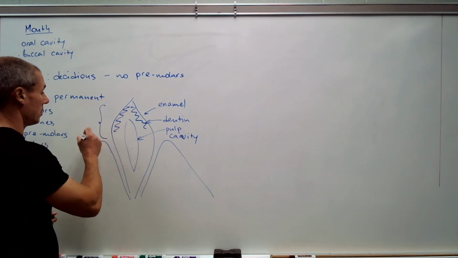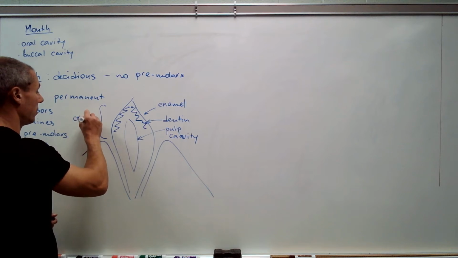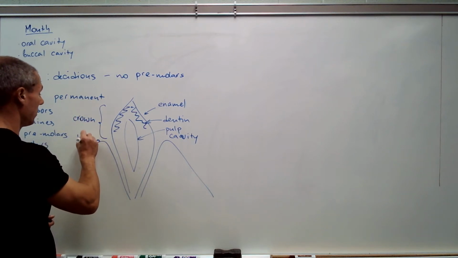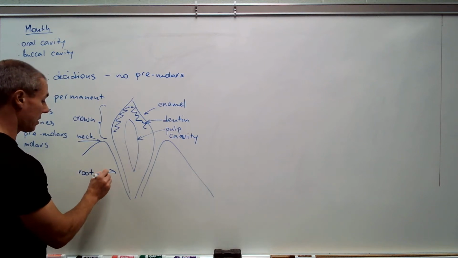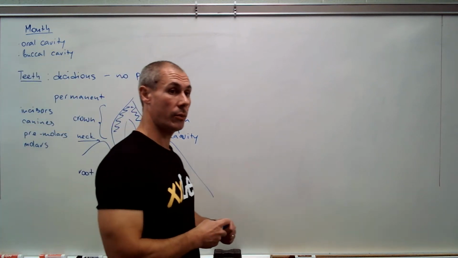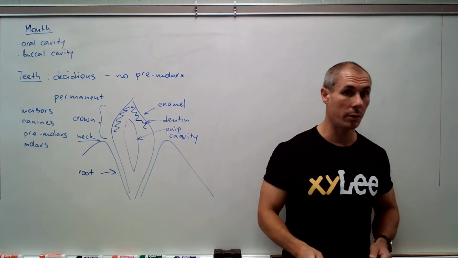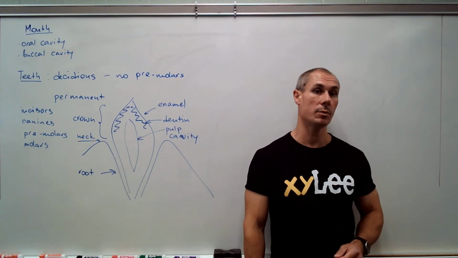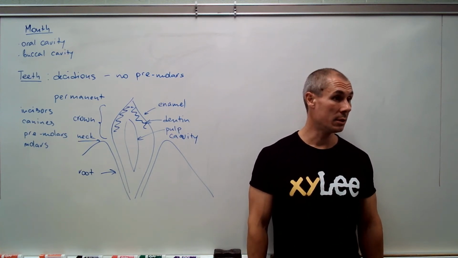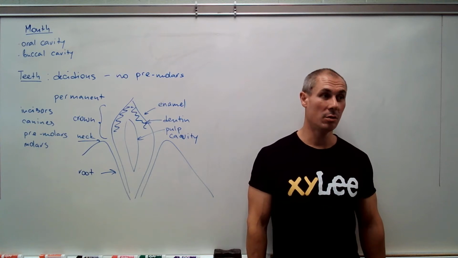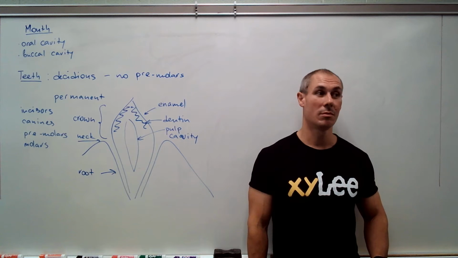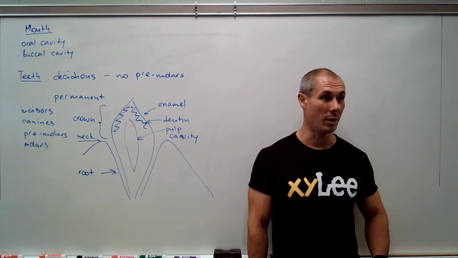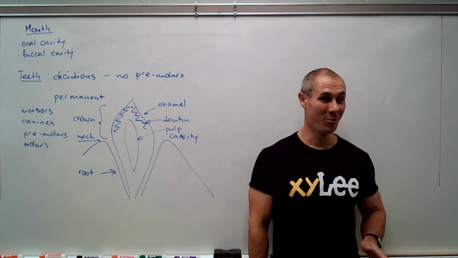So this is the crown of the tooth, neck, root. When, for instance, you see people in a brawl, they lose teeth and they say, oh, they knocked teeth out. Generally, in most cases, I'm not a dentist, but I was brought up among a whole bunch of dentists.